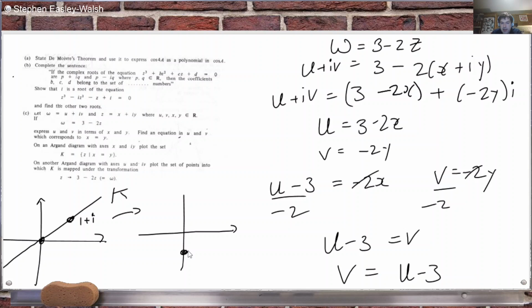So it'll be down here at minus 3i, but it'll still have a slope of 1. So it will cross here at 3. Yeah. Okay.